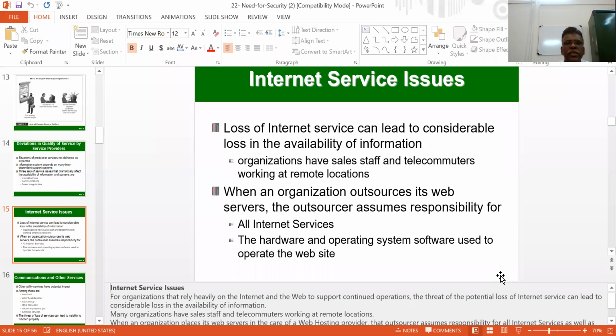When an organization outsources, suppose we have www.mangalore-university.ac.in, we have web portal information, no? We have email service information, no? We have a regular flow of exchange which is going to be updated.